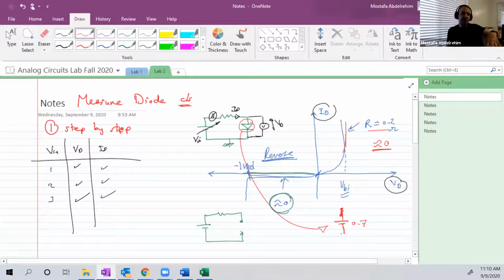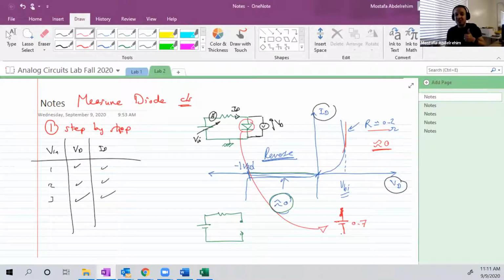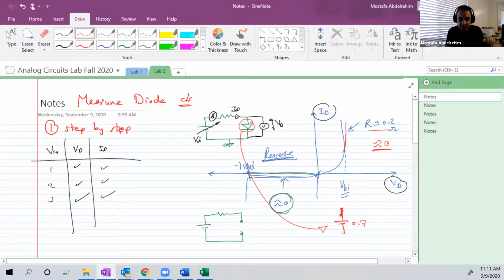I will explain this later in the lecture, but just to give you a quick hint based on the results that we get: we get a very small resistance in forward. We see that the voltage doesn't change much. The change in the forward voltage is very small, which is around 0.7.